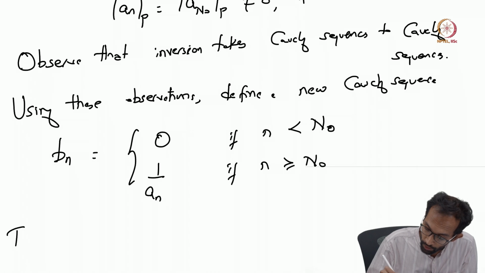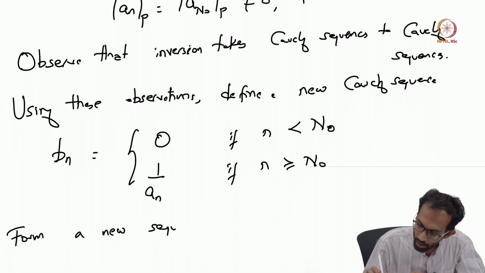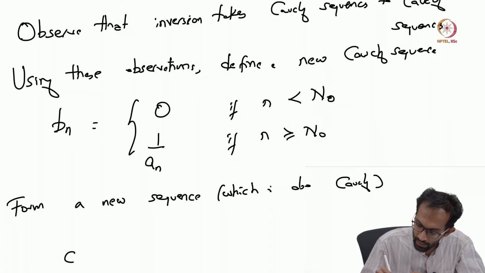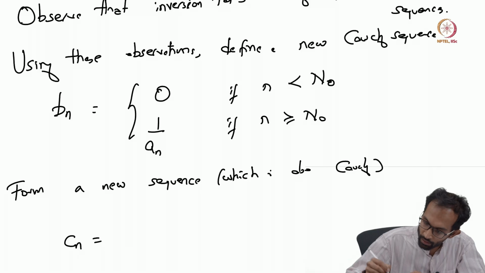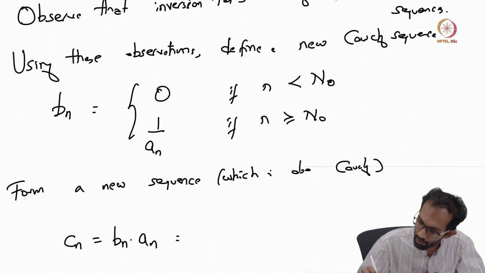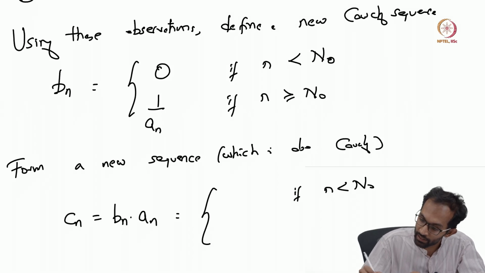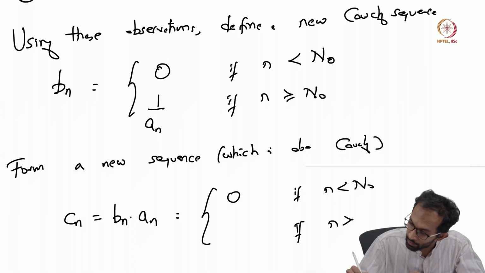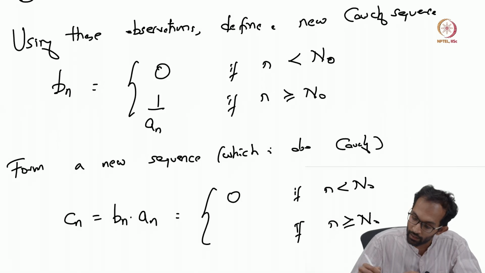Okay, so now form a new sequence which is also Cauchy given by c_n, which is b_n times a_n. Okay, and since b_n is 0 if little n is less than n naught, so initially it's just 0, but if little n is larger than or equal to n naught, you see that b_n is 1 over a_n, and the product of a_n and 1 over a_n is just 1.